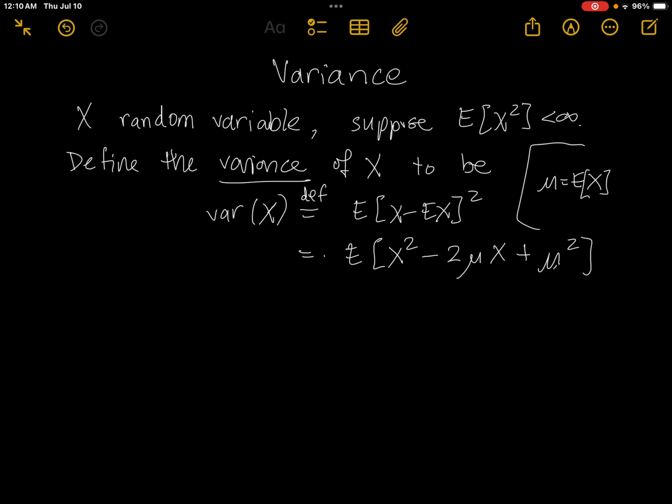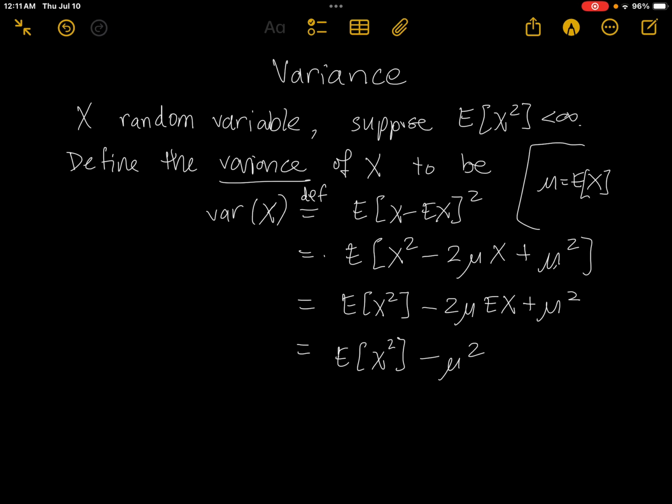Now by the linearity of expectation, this is the expectation of X squared minus 2 mu times the expectation of X plus mu squared. Well, the expectation of X is mu, so you have the expectation of X squared minus 2 mu squared plus mu squared, so it's minus mu squared.